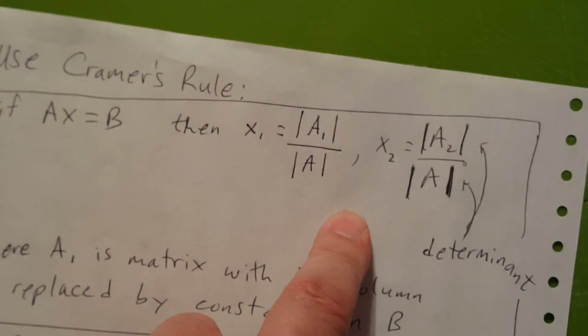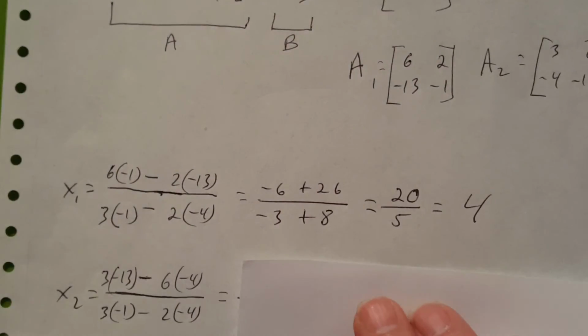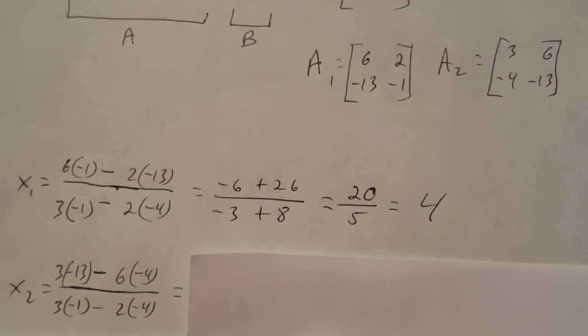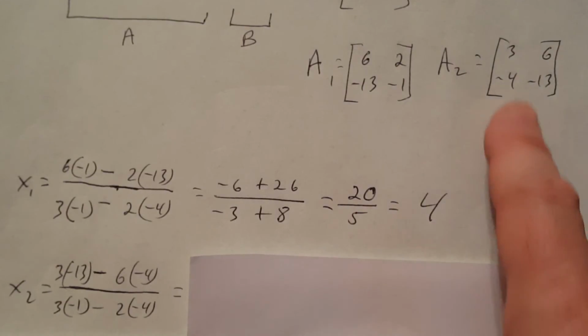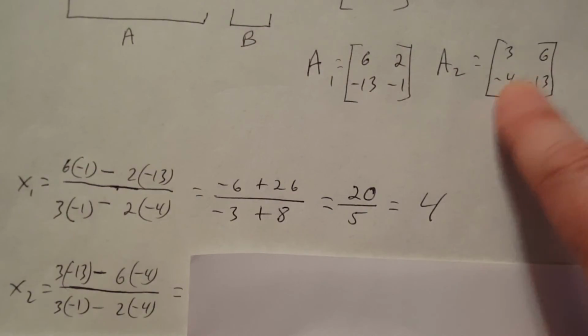Well, look up here. Same thing, except you do the determinant of A2 on top. Let's do that. There you go. Let me get A2 in the shot here. So the determinant of A2 is 3 times negative 13 minus 6 times negative 4.